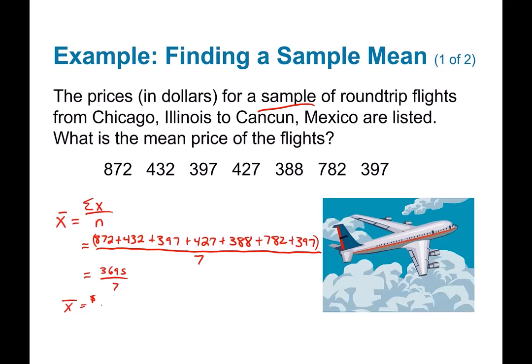So you get 527.90. So about $527.90 is our mean price. So on average, you should expect to pay around $527.90 for a round-trip flight from Chicago to Cancun.